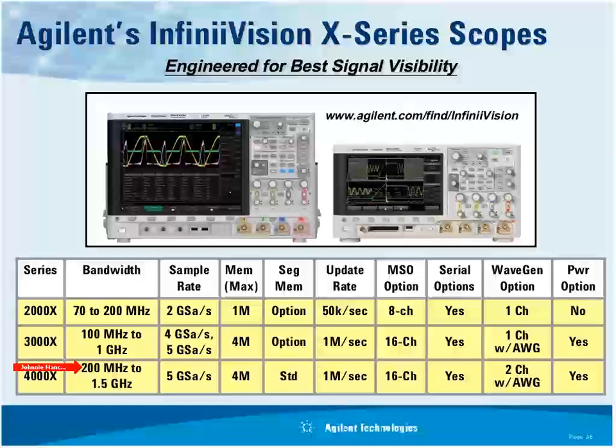Now, if you want to know the lowest price point you can get into, it's a 3000X series 100 megahertz scope. I don't have the European price in euros, but in the U.S., a 2-channel, 100 megahertz scope is a little under $3,000. Plus, you have to add on the power measurements option if you want to do this automatically, and that's about another $1,500.